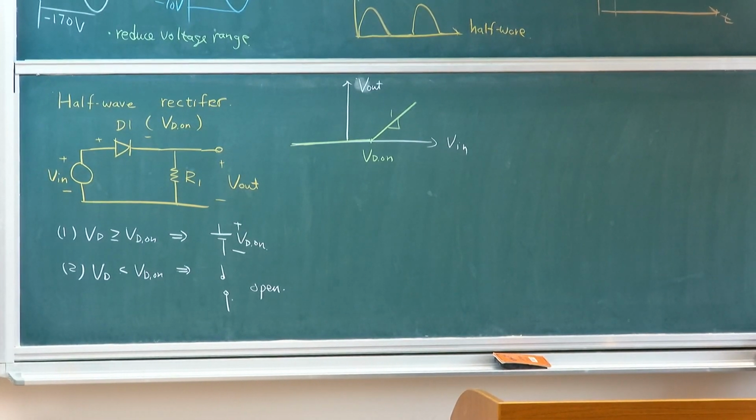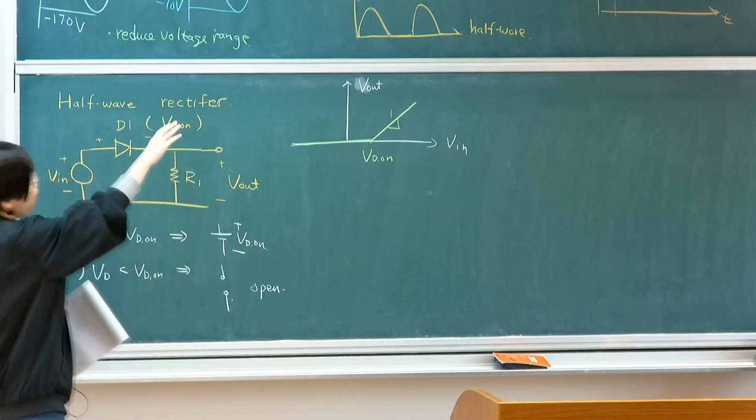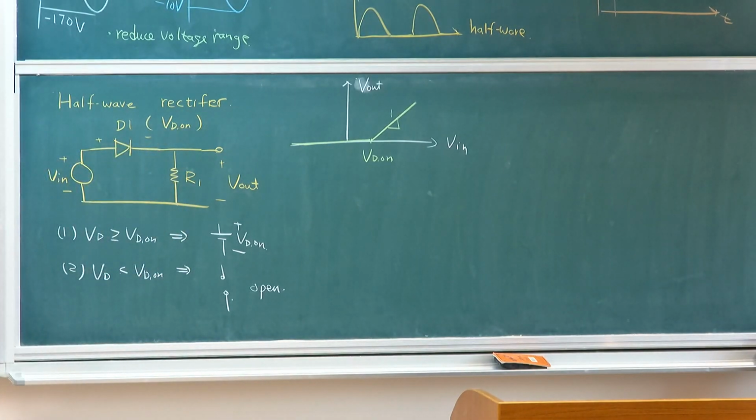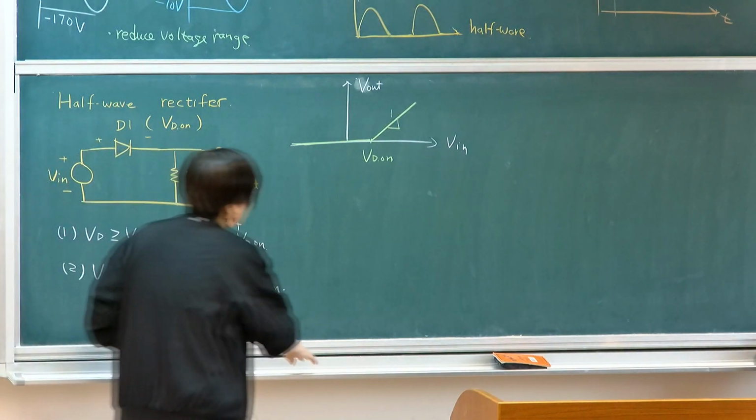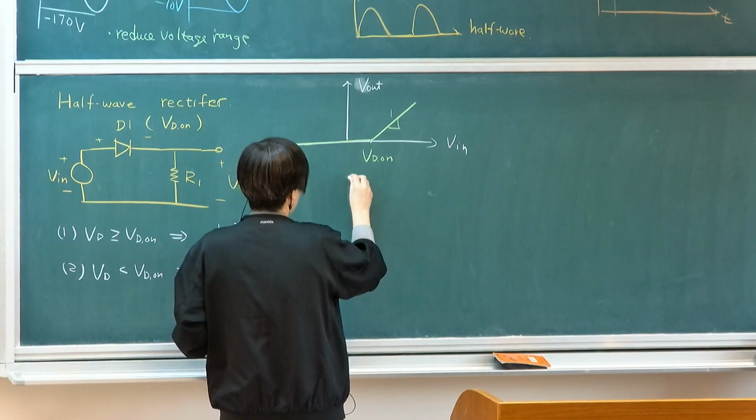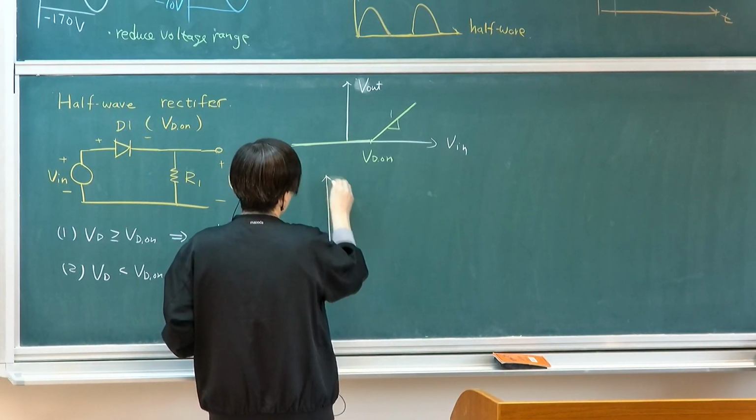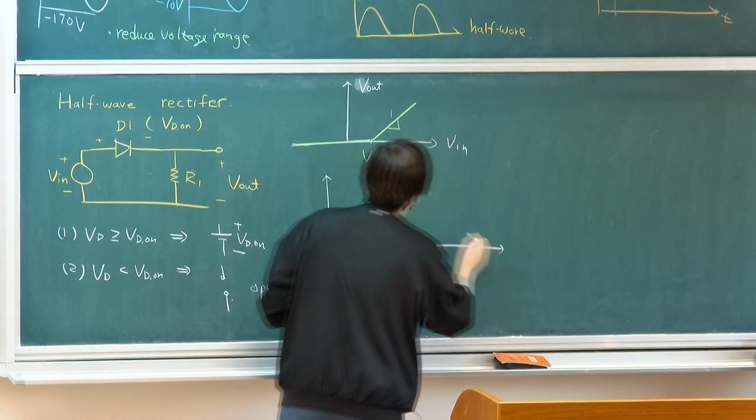So if you look at it in the time domain, we already drew the transfer function. What is this half rectifying circuit's response? What I actually care about is the time domain response. If I give you a sine wave, what is the corresponding response? I think we already drew that before.